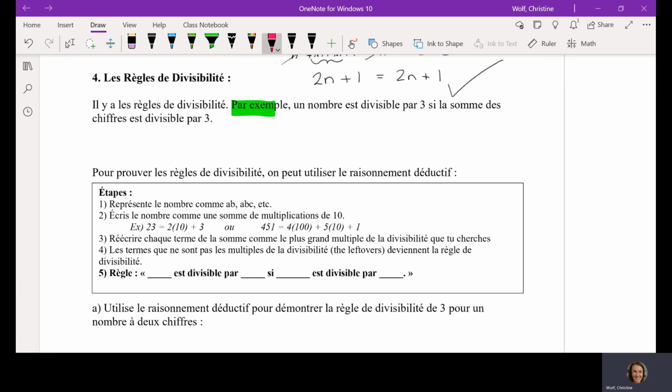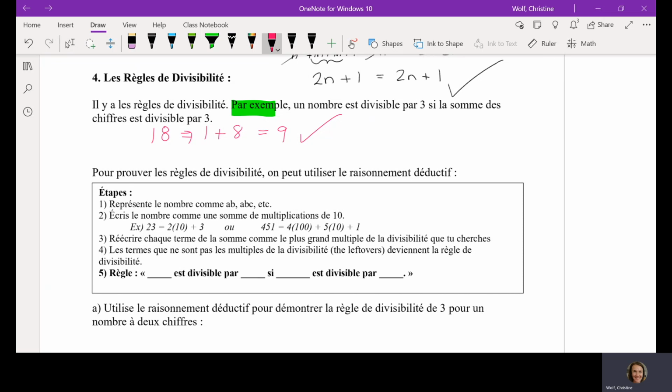So, par exemple, si j'ai le nombre 18 et je veux savoir, est-ce que ça c'est divisible par 3? Can I divide that by 3? Well, we know yes, you can, mais on peut montrer ça si j'additionne mes chiffres. 1 plus 8, c'est égal à 9. Is 9 divisible by 3? Oui. Alors, ça veut dire que 18 est aussi divisible par 3.